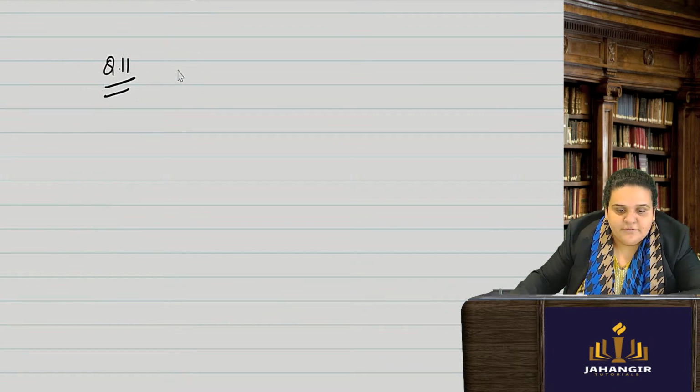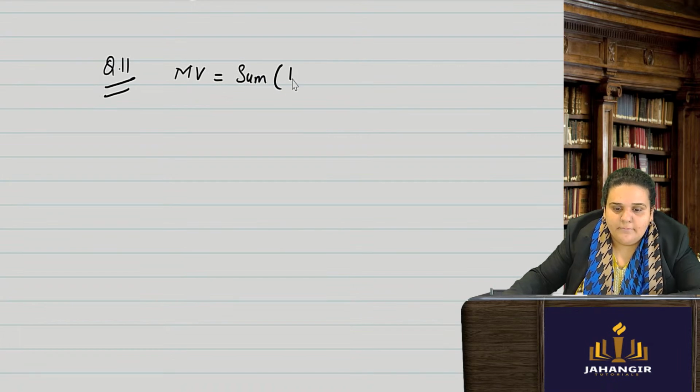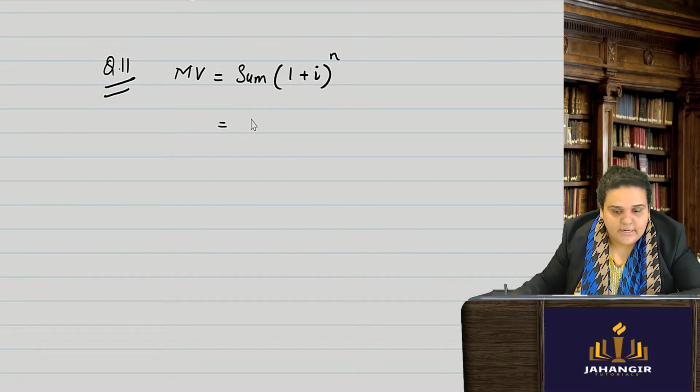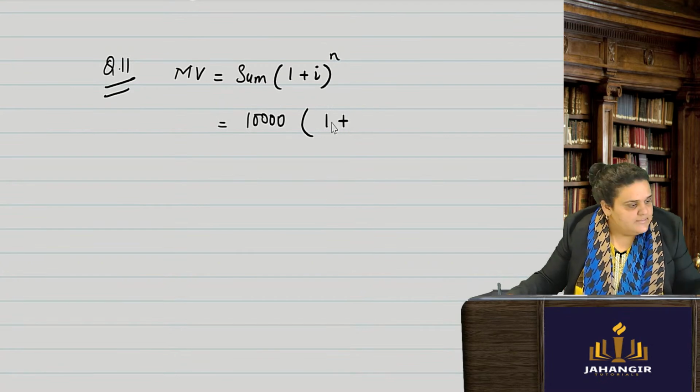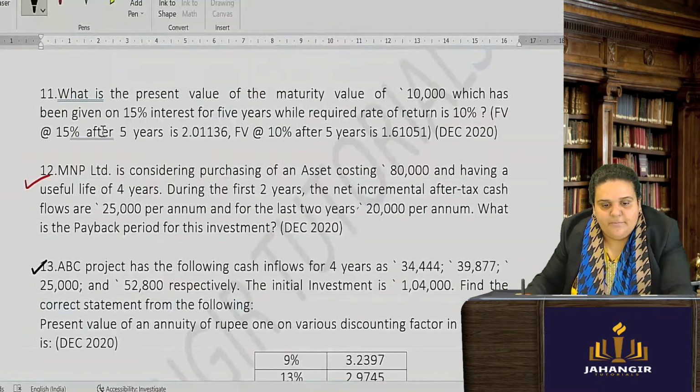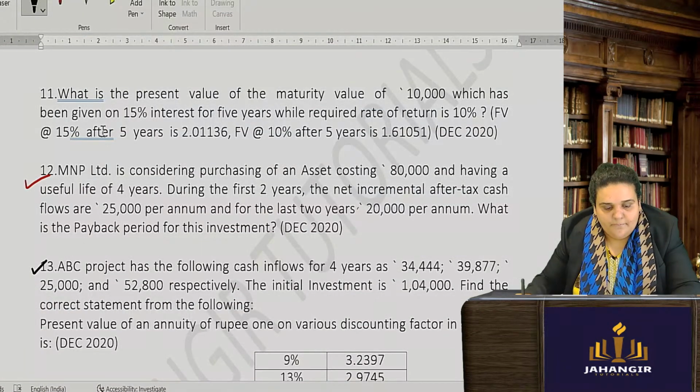Question number 11. See now, imagine all this is already given to you. So I have to first find my maturity value. It will be sum into 1 plus I, whole raised to n. Okay. So the sum is 10,000. 1 plus interest, the rate of interest I they have given me at the rate of 15%. Investment is done at the rate of 15%. Okay.